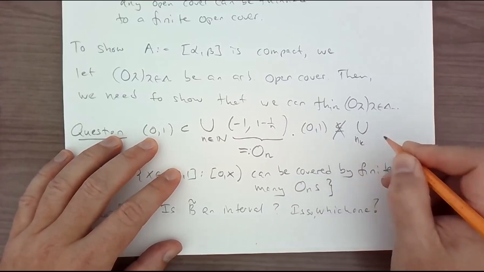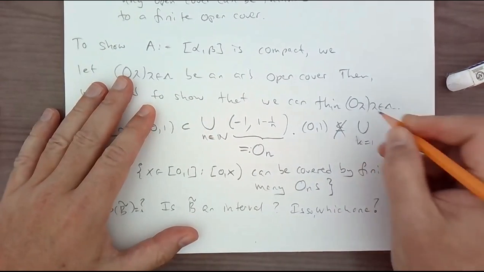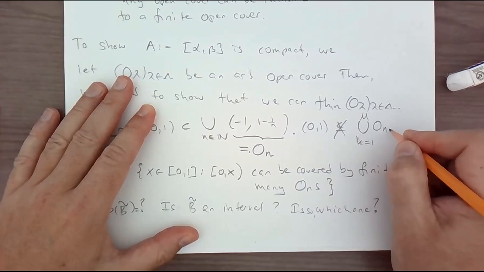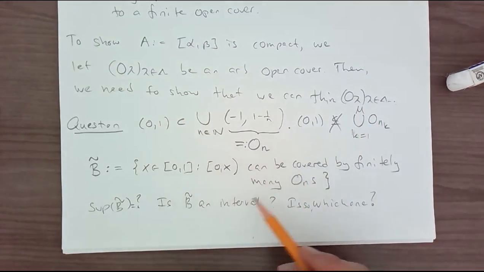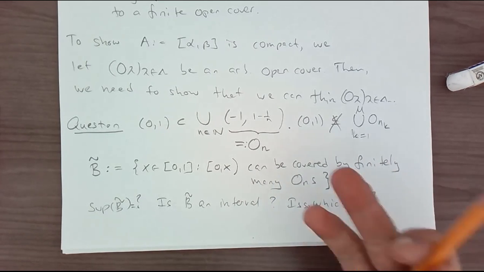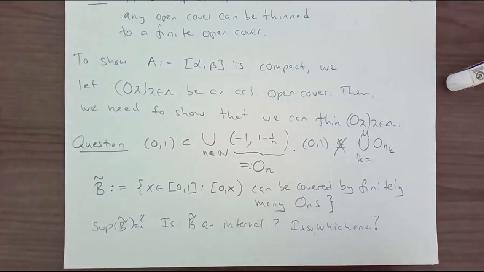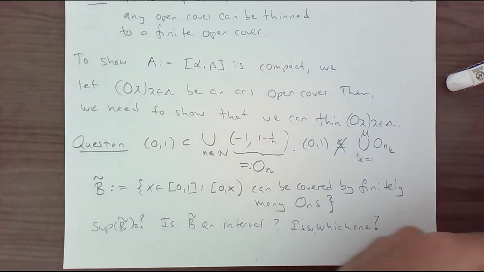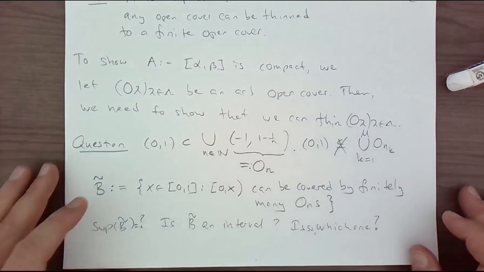If you take the union over k equals 1 to say m of O_{n_k}, that is not possible. You can't do that. So something is not going to work the way that it did in the proof. Now try to identify exactly what it is that won't work. That might be one way to try to internalize the proof instead of just seeing me go through it. Any questions or comments before we move on to something else?